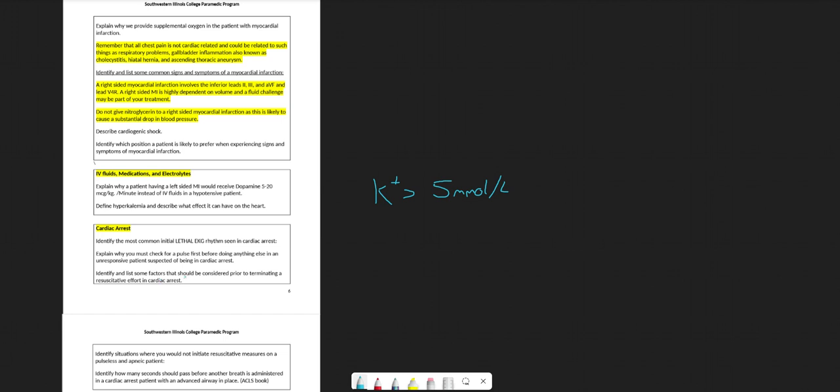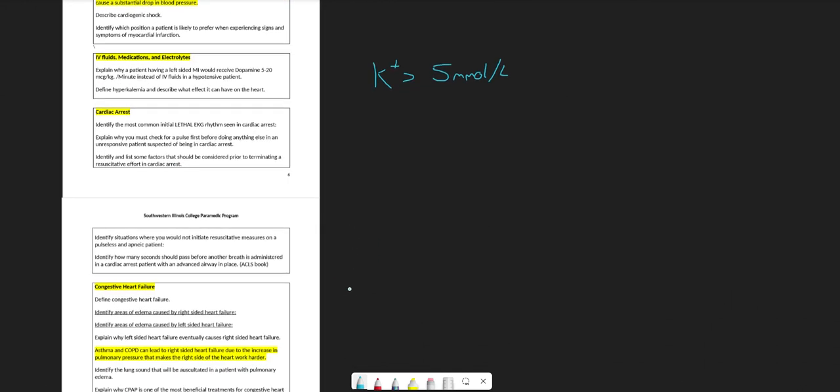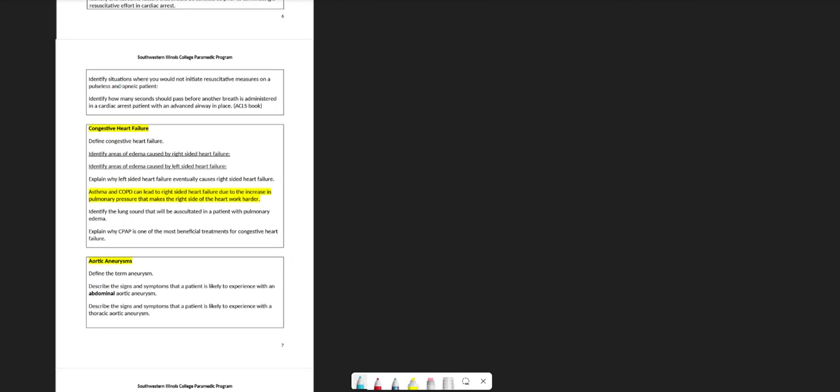Identify and list some factors that should be considered prior to terminating a resuscitative effort in cardiac arrest. So you're going to want to consider the downtime of the patient, any rhythm changes, the current state they're in, things like that. Also, safety, potentially. Identify situations where you would not initiate resuscitative measures on a pulseless apneic patient.